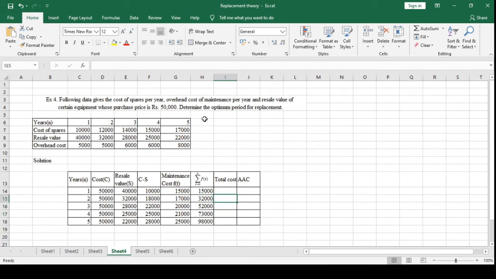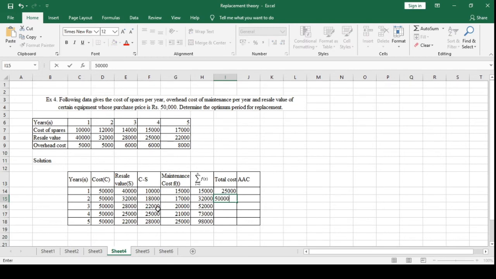Okay, now we'll calculate the total cost. And how are we calculating the total cost? That is by adding this column, sigma F of T, and C minus S. So for the first year it will be 10,000 plus 15,000, so your answer will be 25,000. Similarly for the second year 18,000 plus 32,000, so your answer will be 50,000.